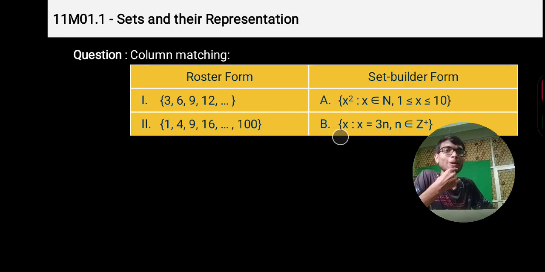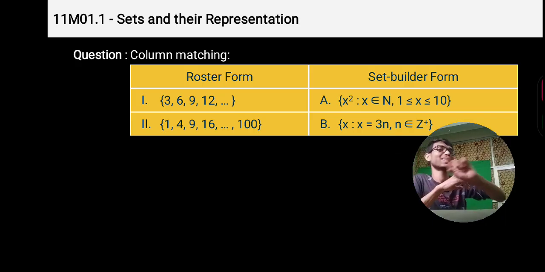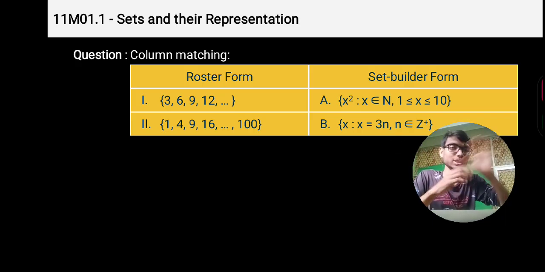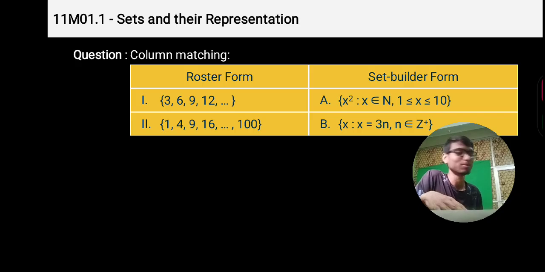Now next we have x such that x is equal to 3n, where n belongs to Z plus. Here Z is the integers, but Z plus means positive integers, so I think natural numbers. Positive integer is a natural number.